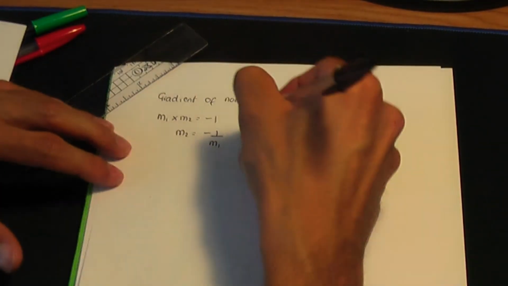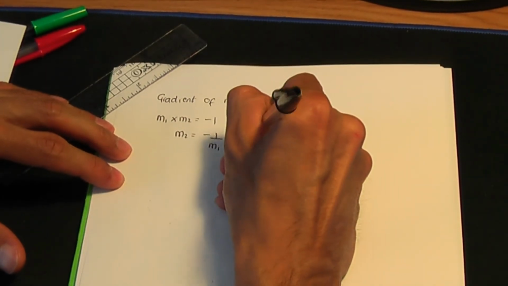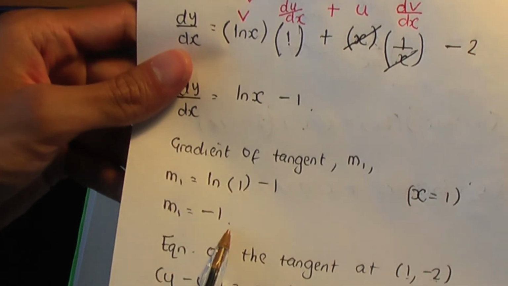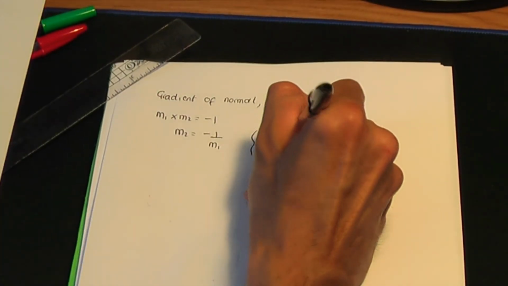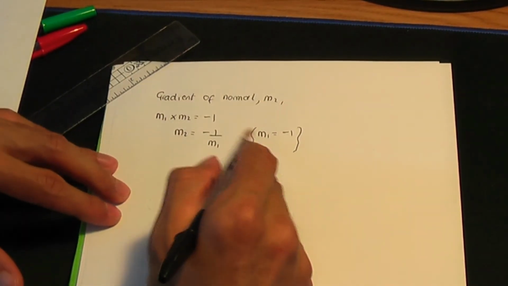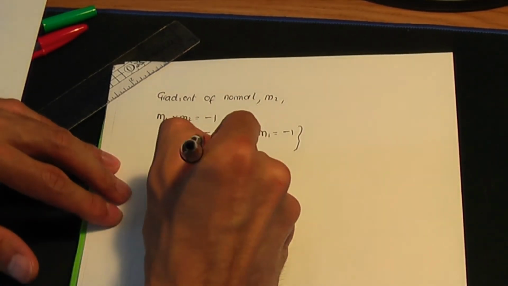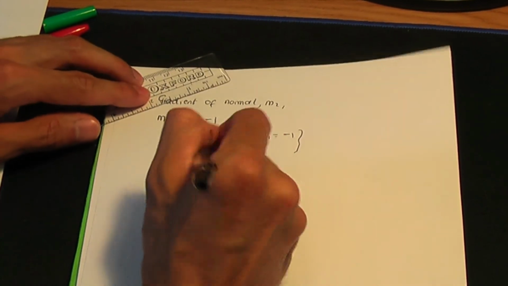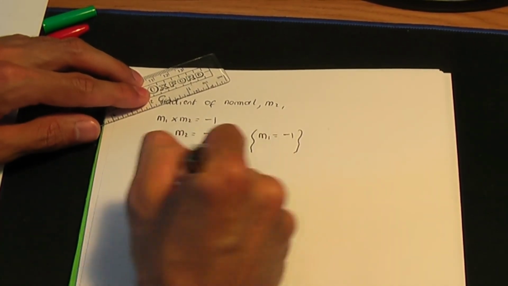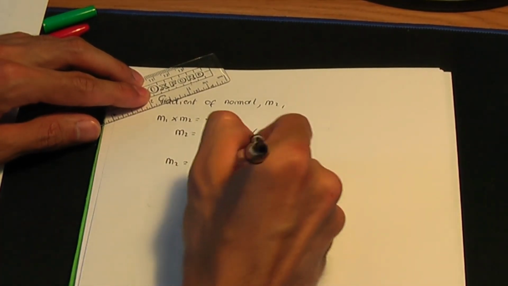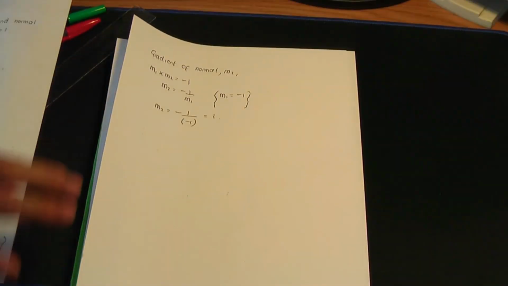Okay? So m1 is our tangent gradient, and we had -1. So if I replace m1 in this rearranged result, m2 is -1 over -1, which is plus 1. Okay?